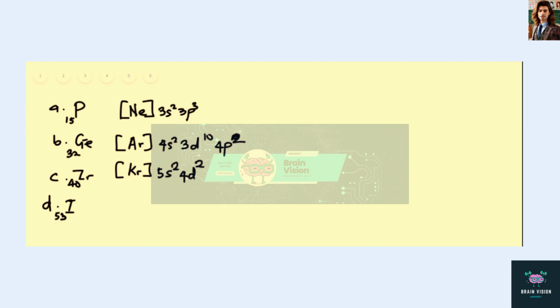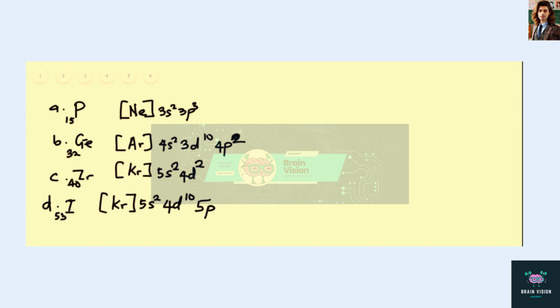The noble gas before it is also krypton, and iodine has transition elements before it, so that's going to be 5s2, and the 4d10 orbital will be filled as well. But iodine is in the p block, so it has a 5s and 5p orbital. We already filled the 5s orbital, so we'll be left with the 5p orbital.